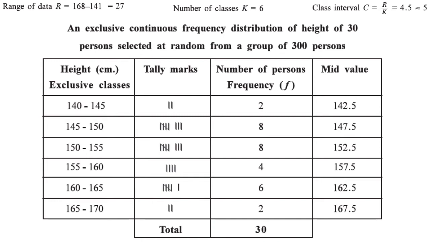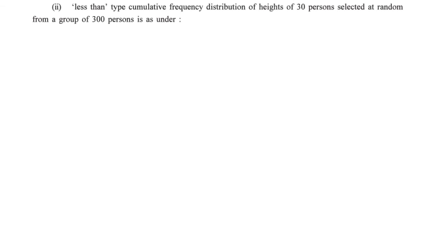The second question was calculating the less than type cumulative frequency distribution. So the less than type cumulative frequency distribution of heights of 30 persons selected at random from a group of 300 persons is as under. Here again you have to create the CF classes, as I have already taught you. We will start with 140, then we will take 145.